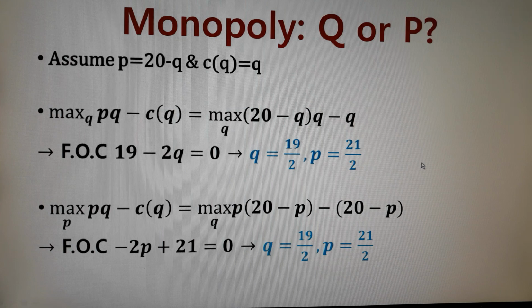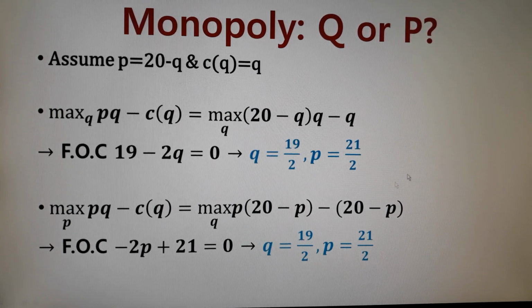What is the profit in this case? I didn't write it down, but the profit would be, because the marginal cost is 1, P minus marginal cost multiplied by Q. Or P multiplied by Q minus C, where C is Q. So it's going to be 19 over 2 multiplied by 19 over 2, so 19 square over 2 square.